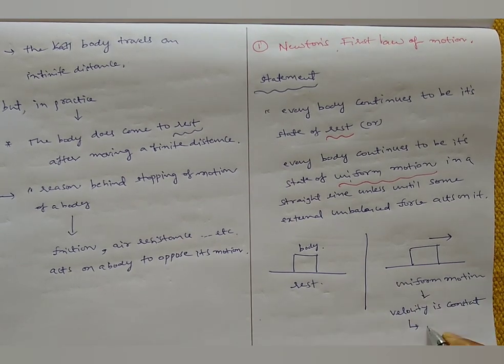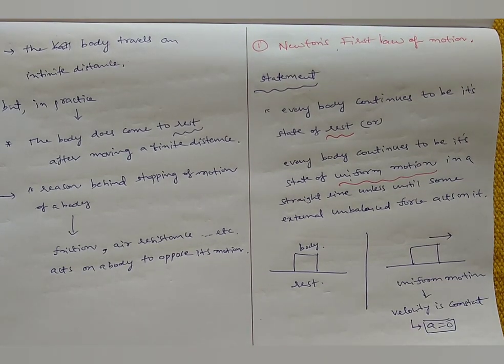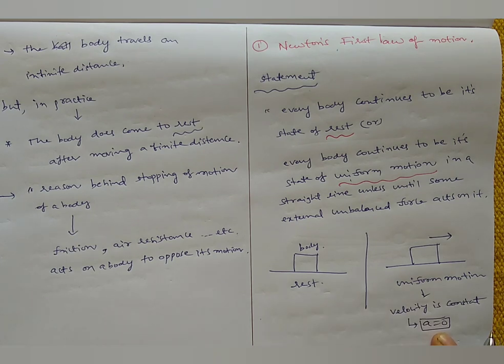When the velocity is constant, acceleration is zero. So acceleration is zero means don't think the body is at rest. Body is moving, but its velocity is constant. Velocity is constant means the magnitude of velocity and the direction remains same. That is the meaning of uniform motion. So acceleration is zero. Right.